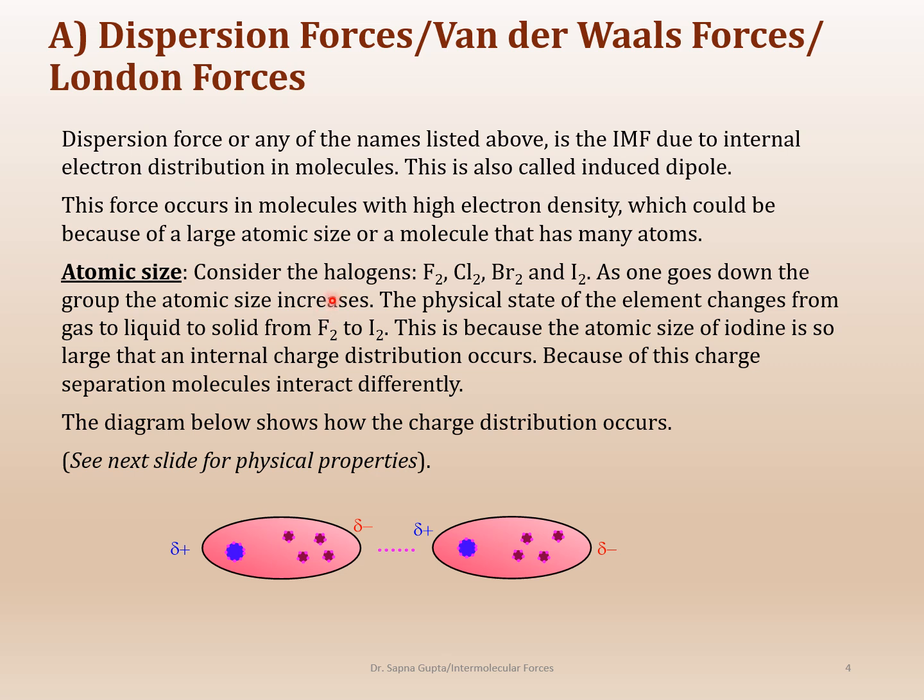Let's try to understand what's happening here. When you have such a large size as iodine, this is iodine, let's say, a huge molecule, an I2. This dashed line over here is the intermolecular force.